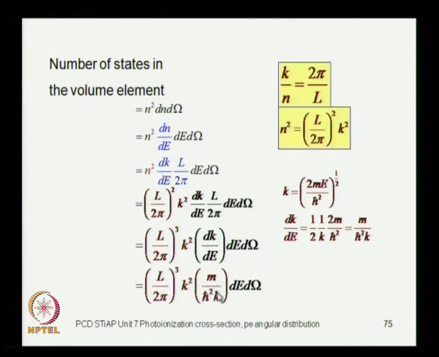Then you can simplify this so that you have the cube of L over 2 pi, and one of the powers of k cancels this in the denominator, so you have got 1 power of k in the numerator. So, you get m k over h cross square dE over d omega. This is a matter of some detail, but it is important to do it right.